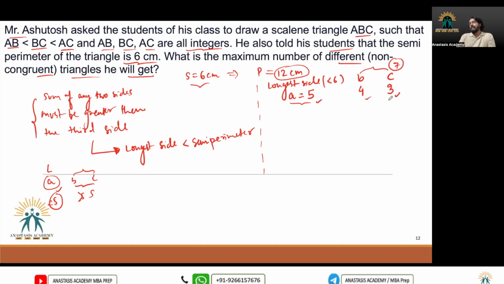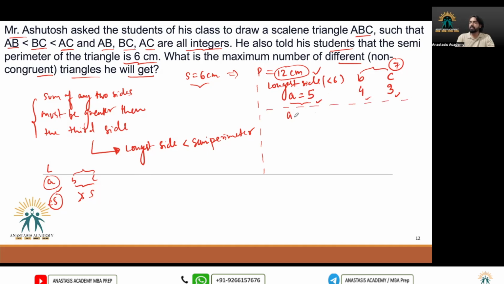I cannot have any other combination of numbers such that their sum is 7 and individual values are less than 5, because I've assumed this as the longest side. If I take 7 as 1 and 6, it will defeat my purpose, because then the longest side becomes 6, which is not the case. So I cannot get further cases for longest side 5.